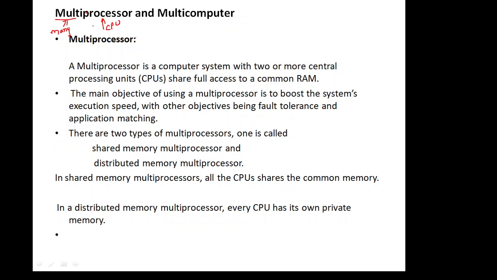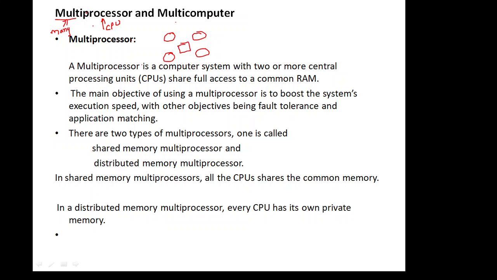A multiprocessor is a computer system with two or more central processing units sharing full access to a common RAM. Many CPUs will be there which share a common memory. I'll show you the diagram, don't bother about it.